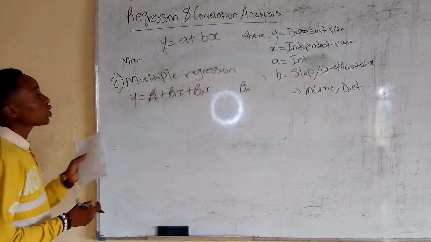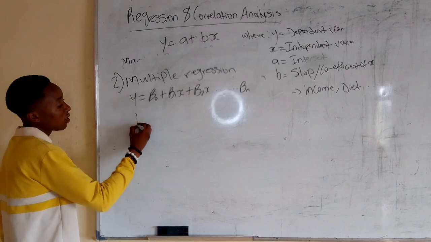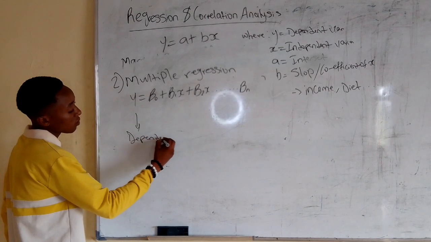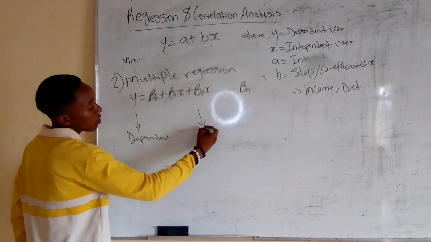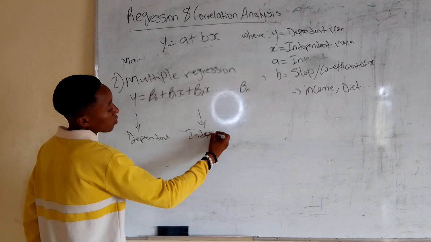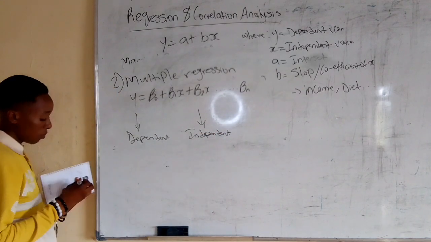So you can see that multiple regression looks at the relationship between one dependent variable and multiple independent variables.